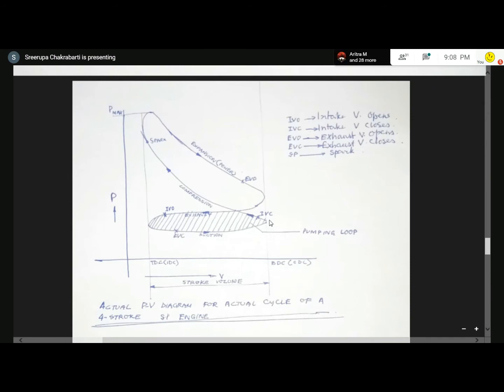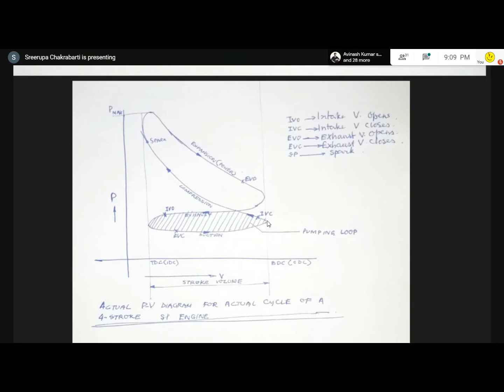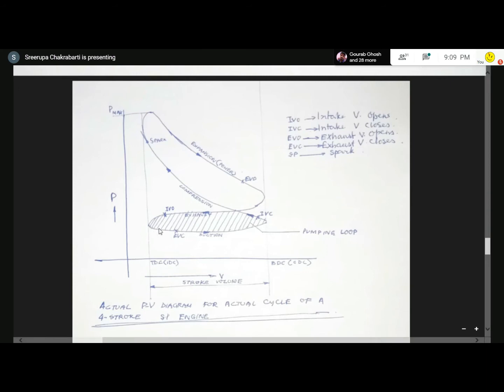Some gas is sucked. Now, I will tell you that there are basically two varieties of engine. The largest variety is called naturally aspirated, that means the air is sucked from the atmosphere directly.